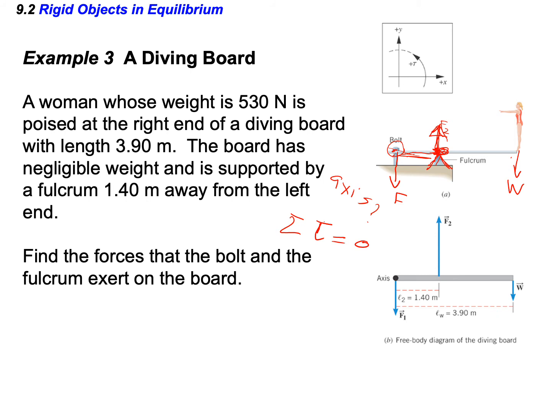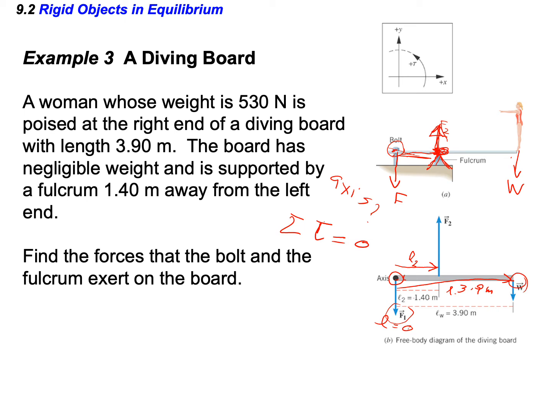So you have two forces contributing to the torque. If you use this as axis of rotation, you don't have to consider this force, because your lever arm is 0, because it is right on the axis of rotation. But then you have to consider this force. This is the lever arm 2, which is 1.4, and then for the weight force you have another one, 3.9 meters. So each force has a lever arm.